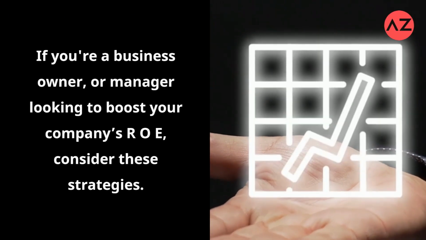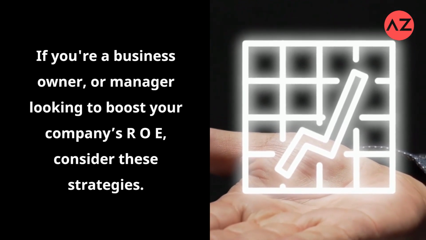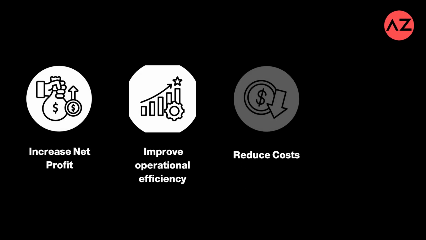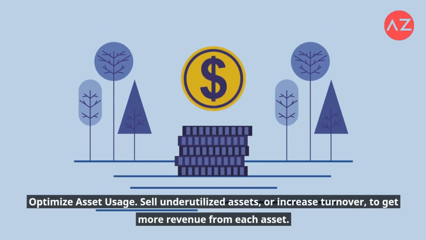If you're a business owner or manager looking to boost your company's ROE, consider these strategies. First of all, increase net profit. Improve operational efficiency, reduce costs, or increase pricing power to grow bottom-line profits. Next, optimize asset usage.